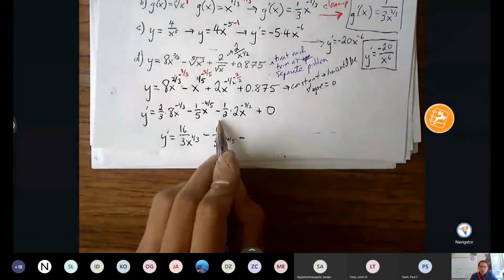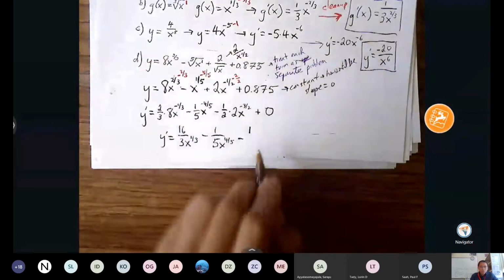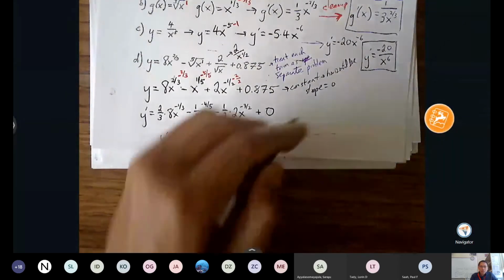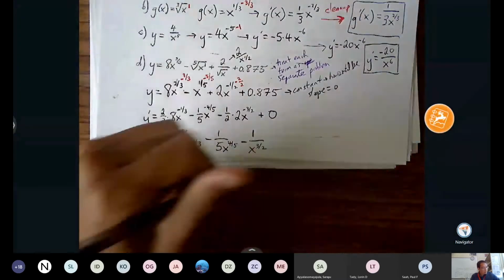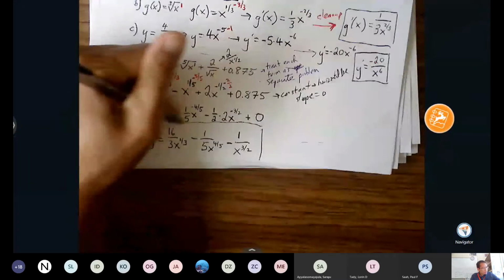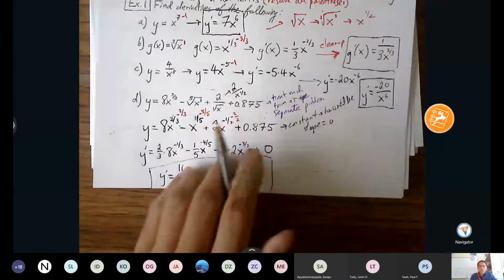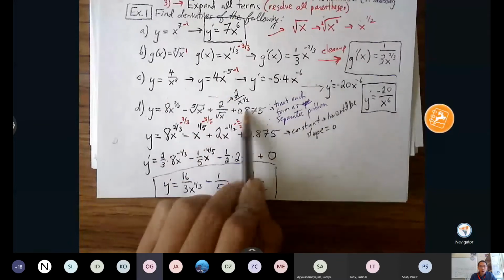One half times 2 is just 1. Push this x to the bottom. And then the 0 goes away. So here's my slope formula for whatever this graph looks like.